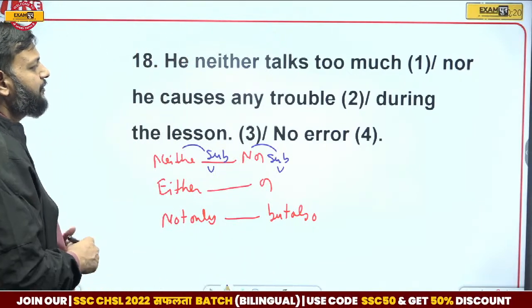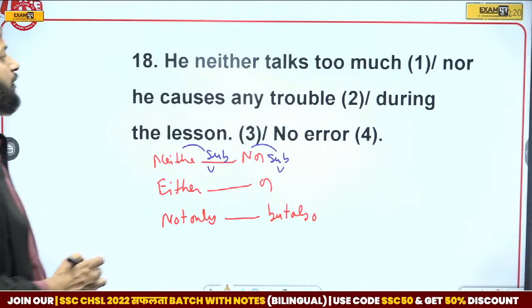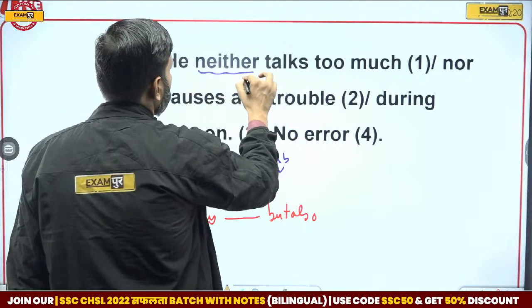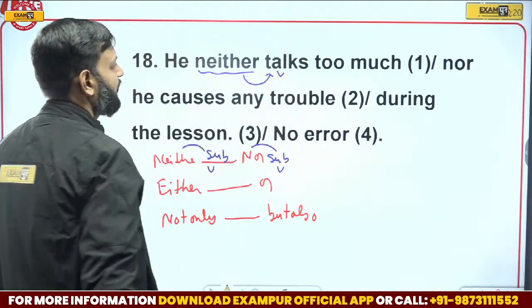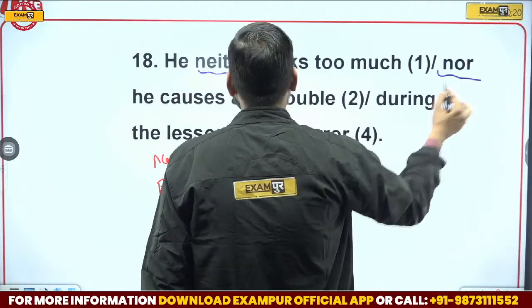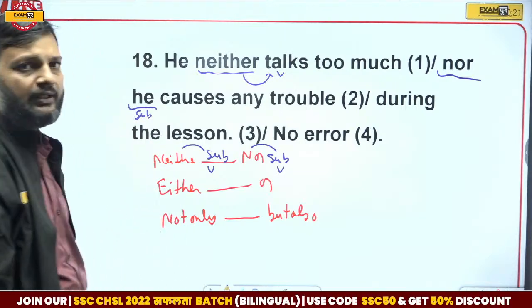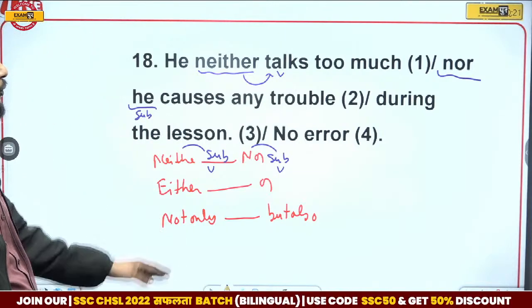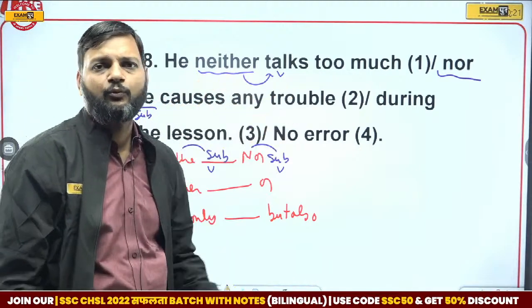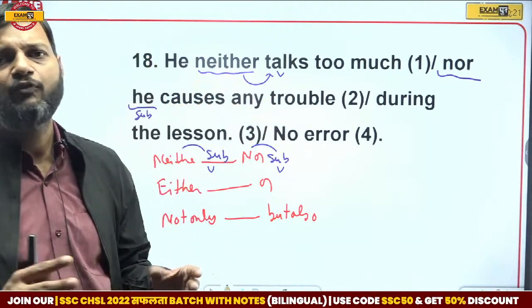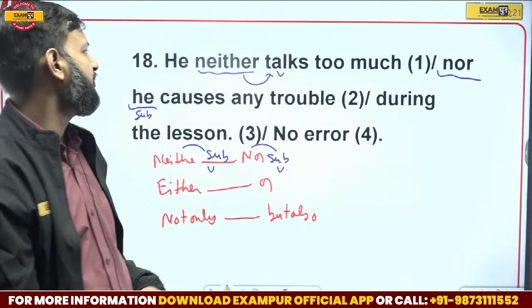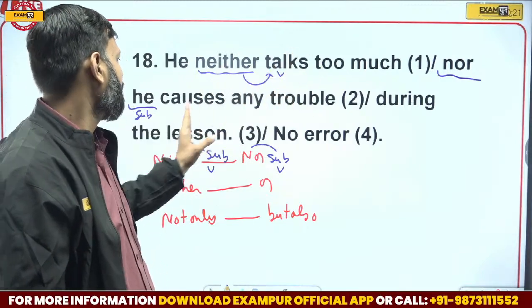Now, in this sentence, neither is followed by talks, which is a verb, and nor is followed by he, which is a subject. So this structure is wrong because both the parts of a correlative conjunction must be followed by the same structure.